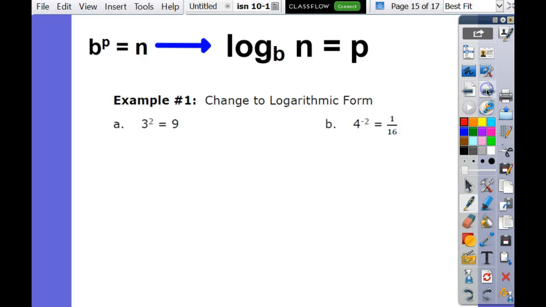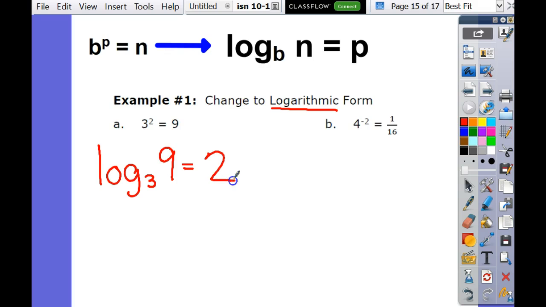So please look at example 1A. It is in exponential form, and we're going to change it to logarithmic form, and the abbreviation for logarithm is log. The base is 3, log base 3 of 9 equals 2. That is the correct way to write a logarithm.